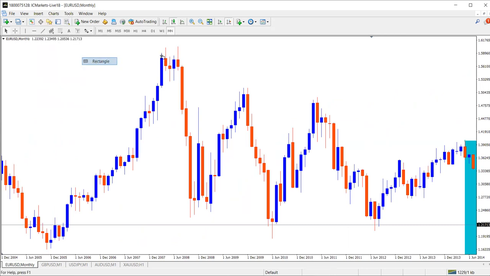Look at this candle. You see that this is the last candle of the bullish candlestick. From here, price started buying to here.